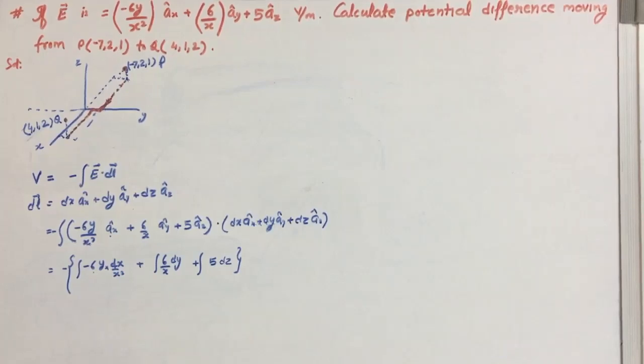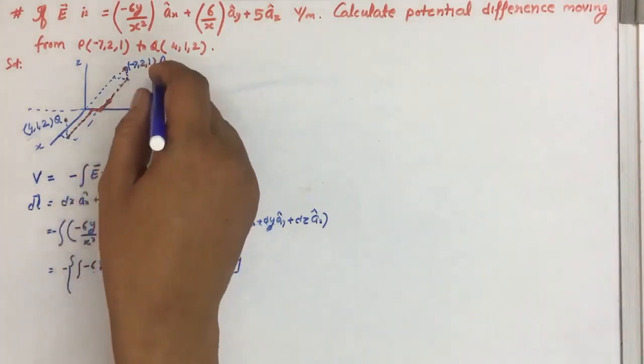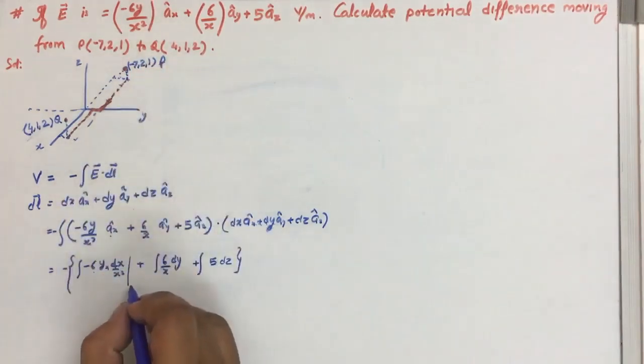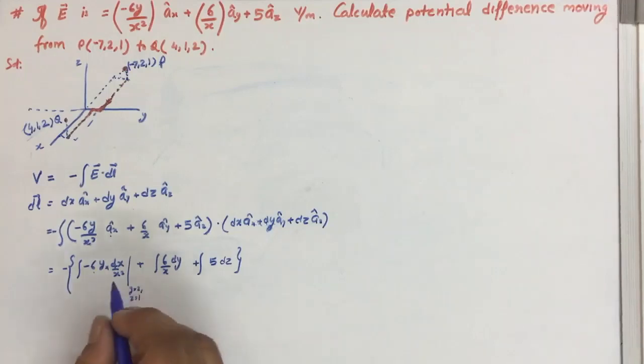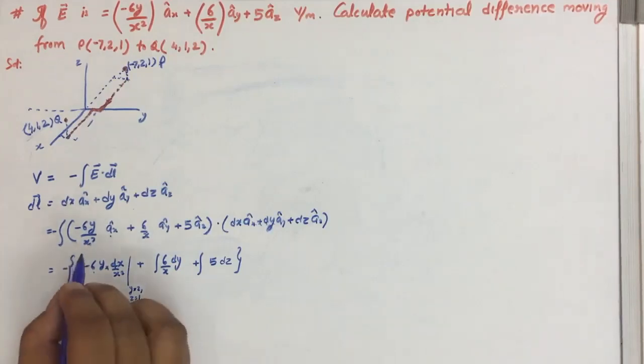This term, just concentrate here. We are moving in the direction of ax only. So it means x will change and the remaining things will remain the same as at point P. So y will be equal to 2 and z will be equal to 1, and x will change from -7 to 4.